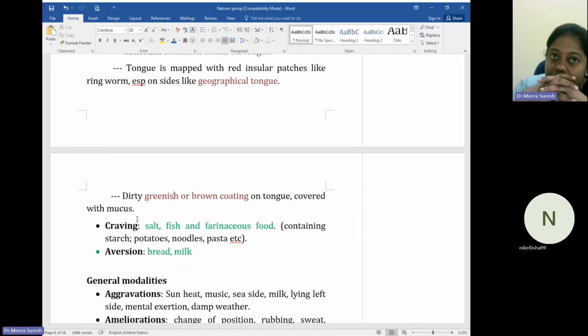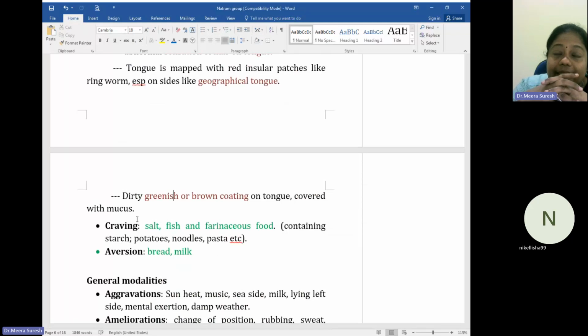Both these medicines, Natrum sulf and Natrum phosphorus, we usually give in potency also, mostly Natrum sulf. Natrum sulf is mostly given as a potency because it's a very good remedy for asthmatic and respiratory complaints. But this medicine is also good for liver complaints.